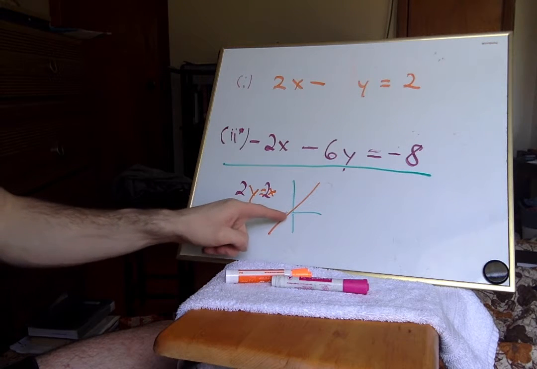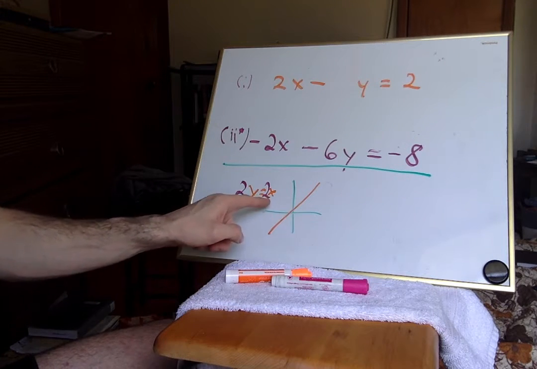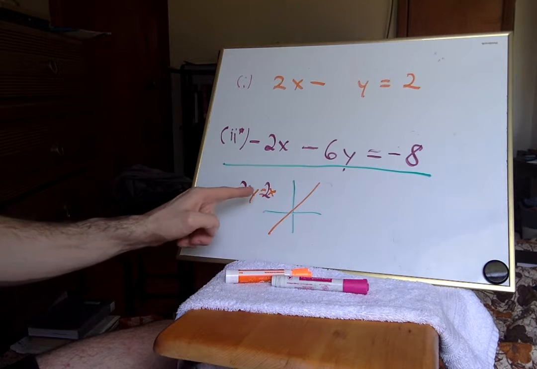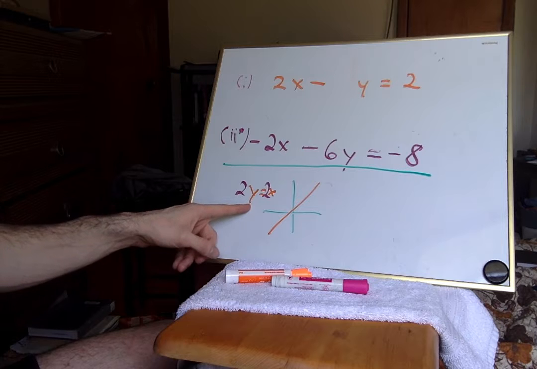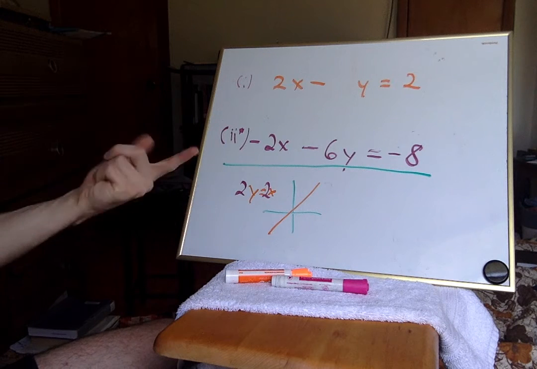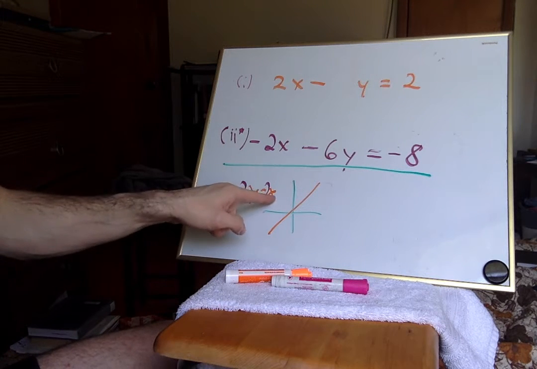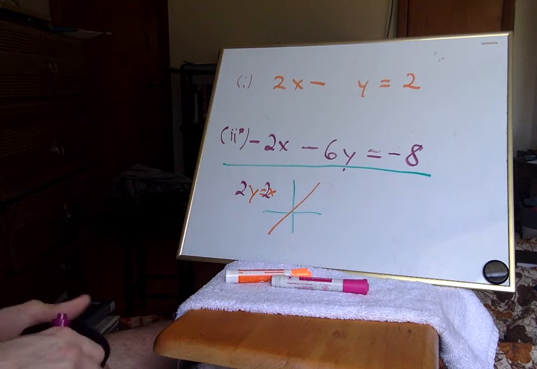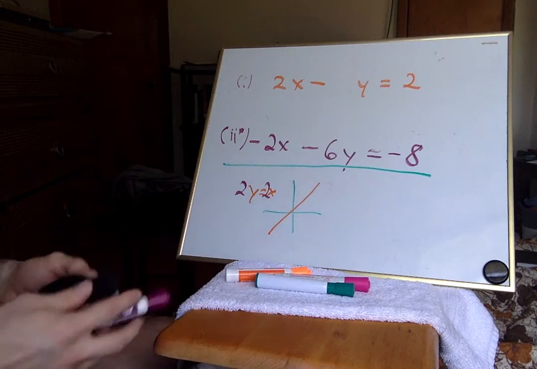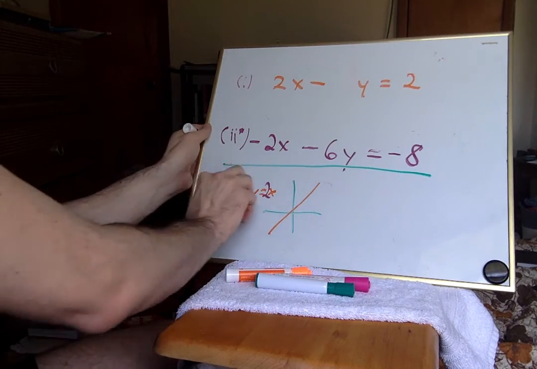So if I plug in x equals 3, 2 times 3 is 6. So 2 times what gives me 6 on the left-hand side? 3, it has to be 3. So if x was 3, y is 3. So clearly, multiplying the whole equation does nothing.